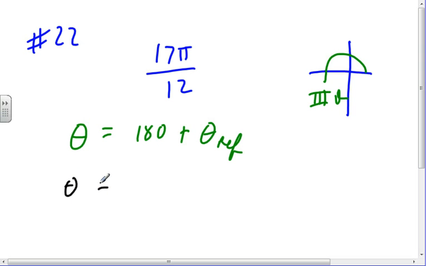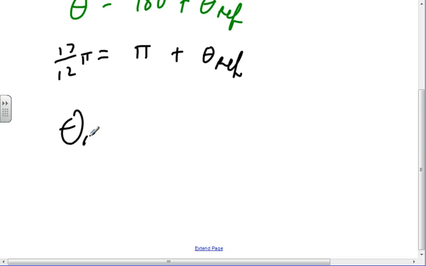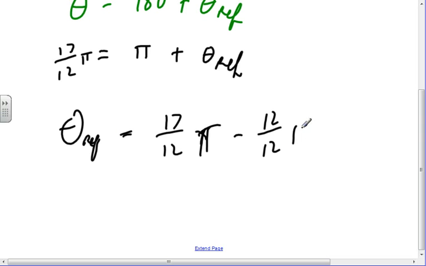So my angle is going to be equal to pi plus the reference angle. And so the angle is 17 over 12 pi. So my reference angle is 17 over 12 pi minus a pi, 12 over 12 pi, which is 5 over 12 pi.